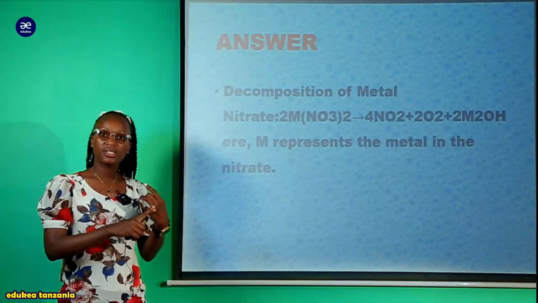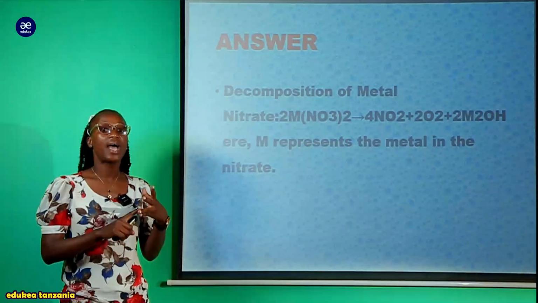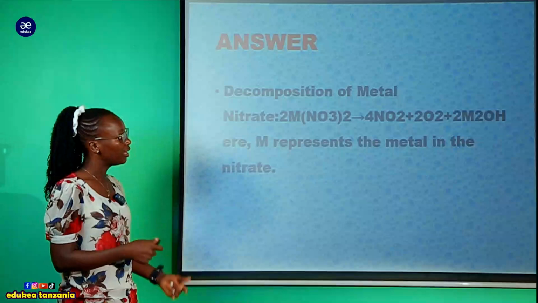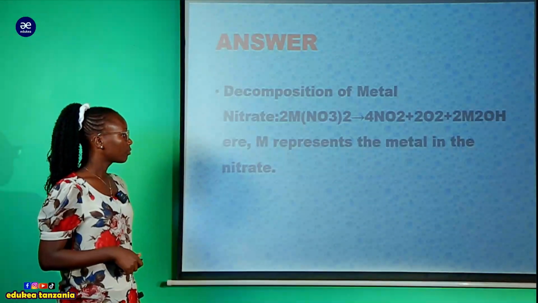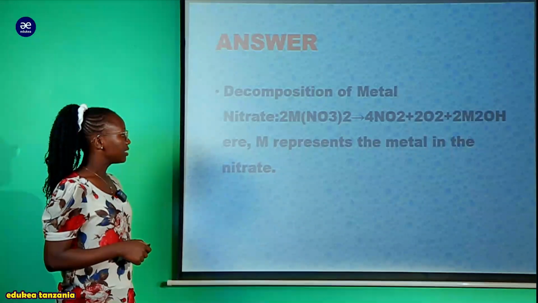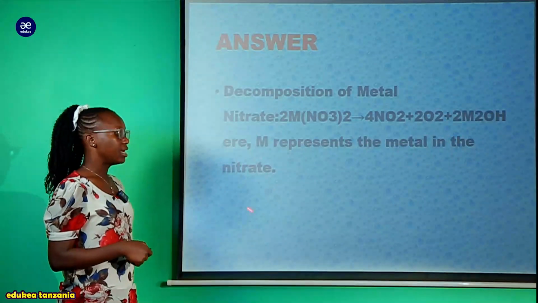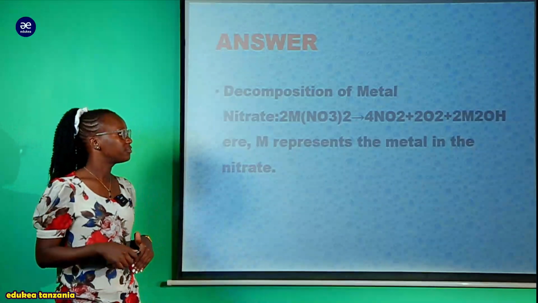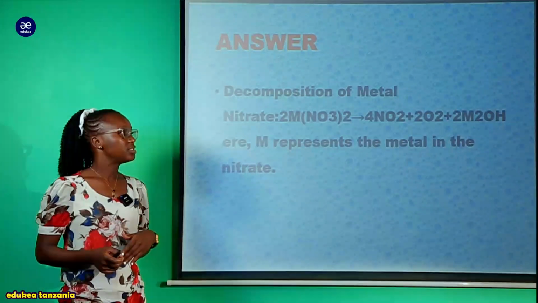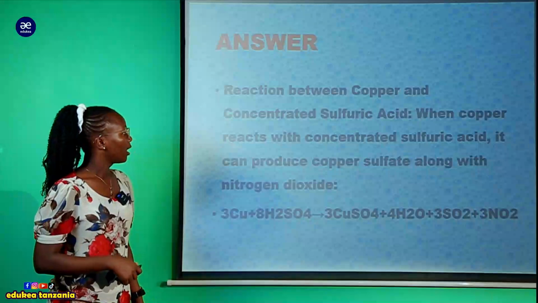The first one is the oxide of the metal, but the second is the hydroxide of the metal. It depends. So here we are going to have the metal hydroxide. And you can see that M represents the metal in the nitrate, any metal that can fit this reaction.